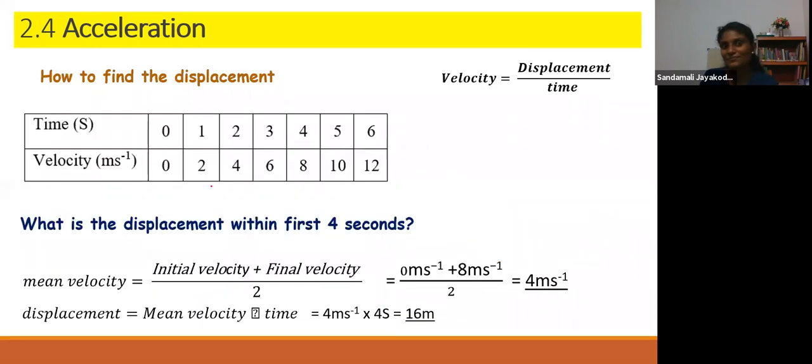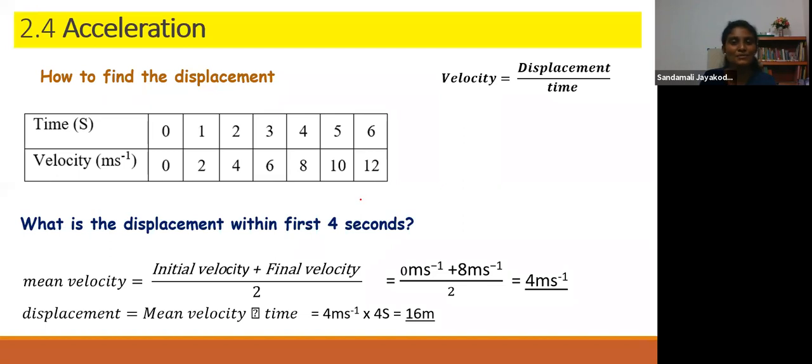And then in an acceleration like this, we can find the displacement done in that time interval. From 0 seconds to 6 seconds, that object has moved, which means it has done a particular displacement. But we have been given different velocity values and time intervals.